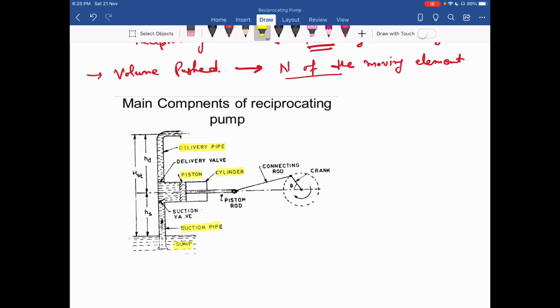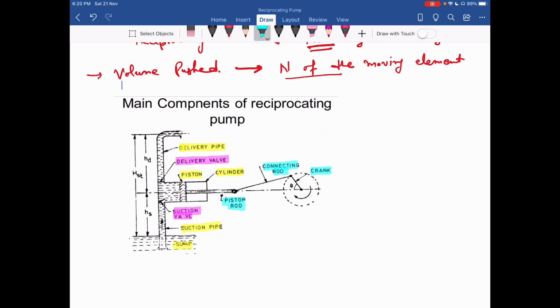There are two valves: one is called the delivery valve, and another one is the suction valve. The movement of the piston is controlled by the piston rod, that is further connected to the crank with the help of a connecting rod. So these are the main components of a reciprocating pump.